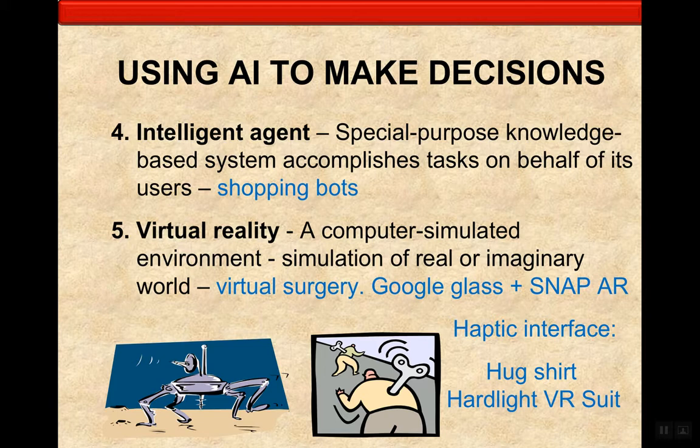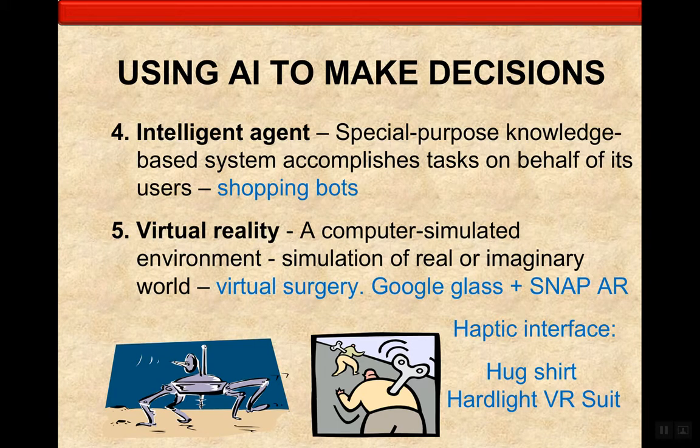And then virtual reality, which is another type: the creation of a simulated environment of either a real or imaginary world. Some of the things you see are virtual surgery and different kinds of simulation.